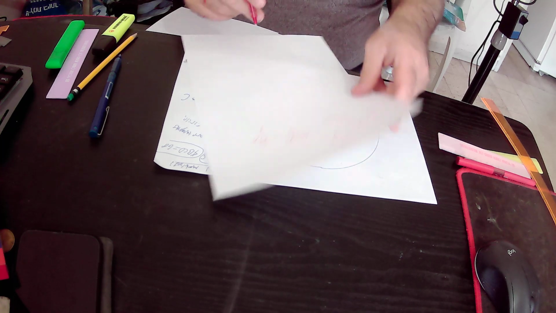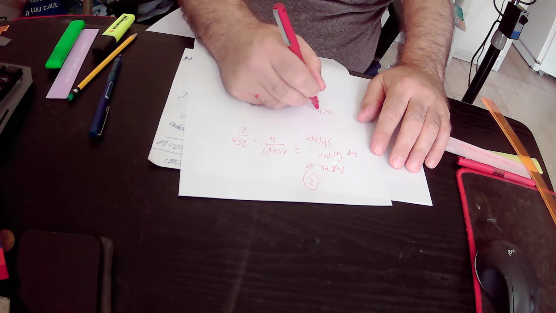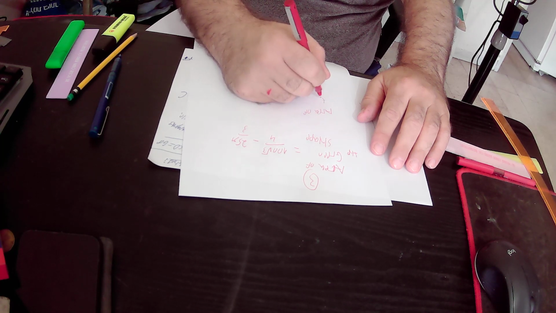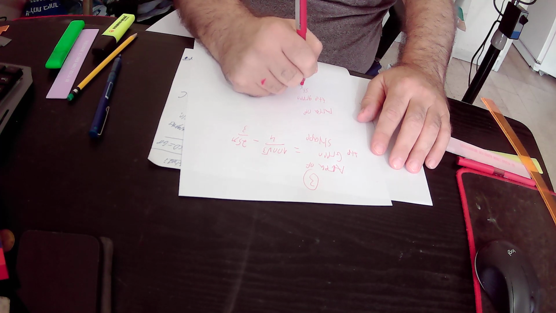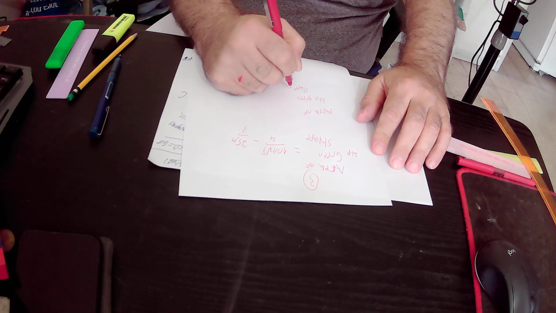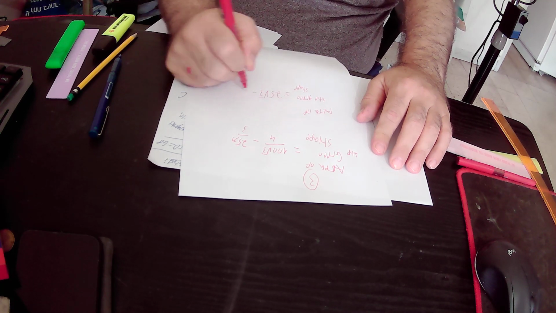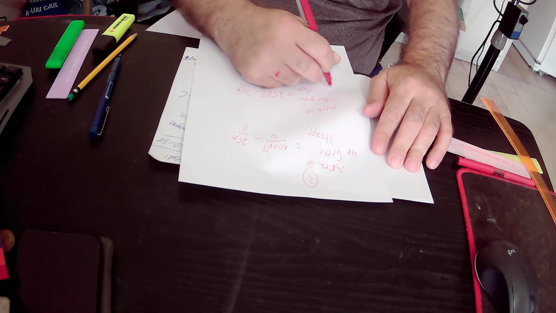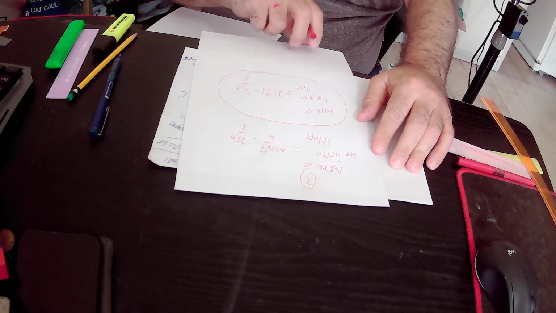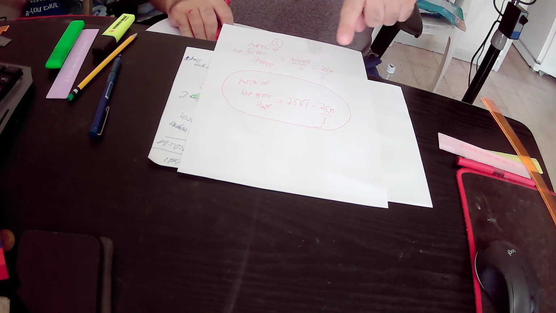So we get that the area of the green shape equals 25 times root 3 minus 25 pi over 3 square units. Again, the area of the green shape according to the third method equals 25 times root 3 minus 25 pi over 3 square units.